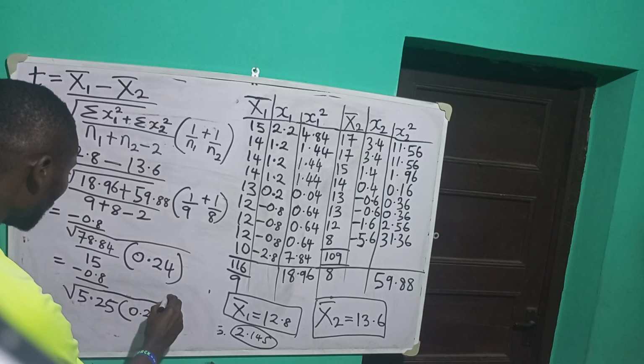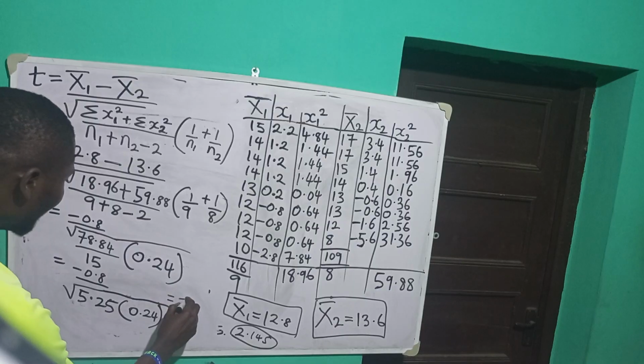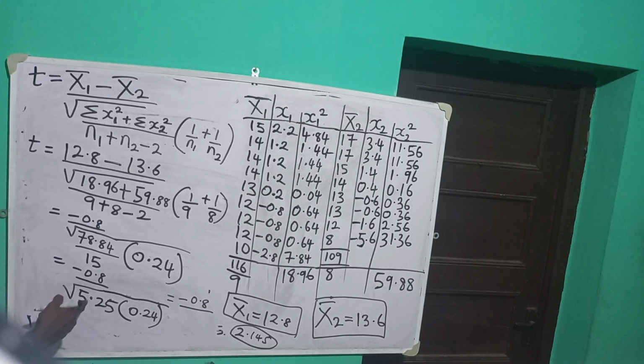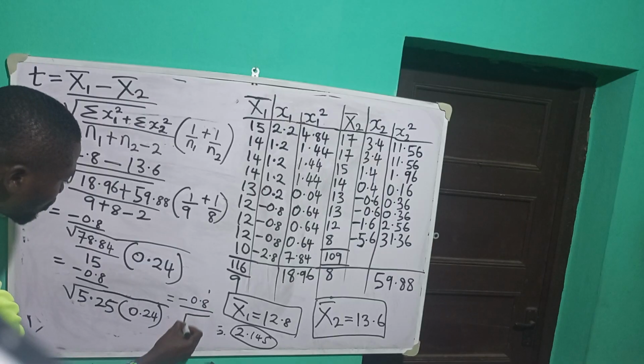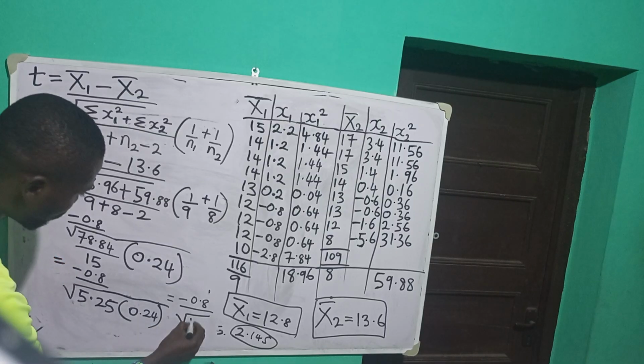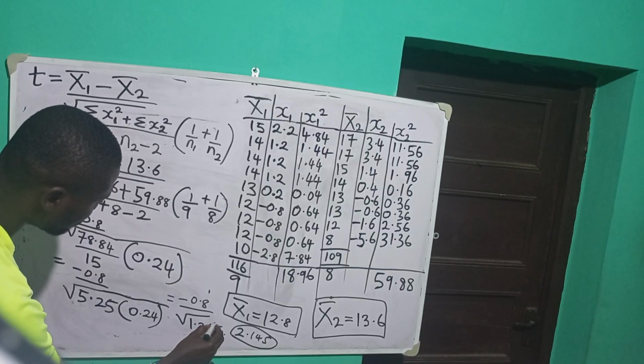So this will now be equal to minus 0.8 divided by the square root of 5.25 multiplied by 0.24. I'm going to get 1.26.